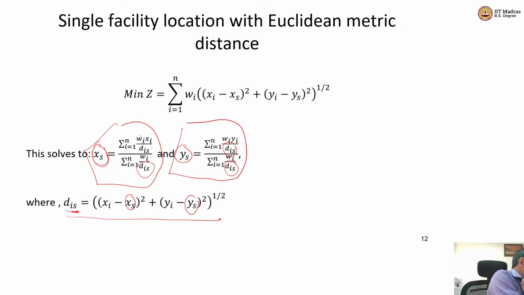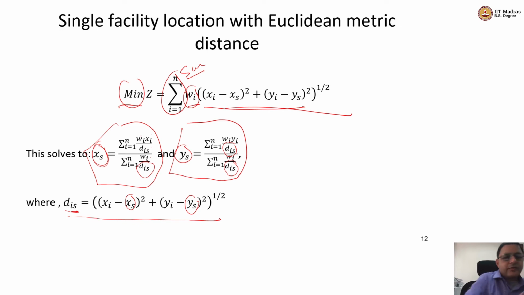The objective function is still minimization of the total weighted distance, right? You can actually see English getting converted into mathematics sequentially. That objective is still the same as in the Manhattan distance measure, but here the solution gets much more complicated because of the non-linearities.